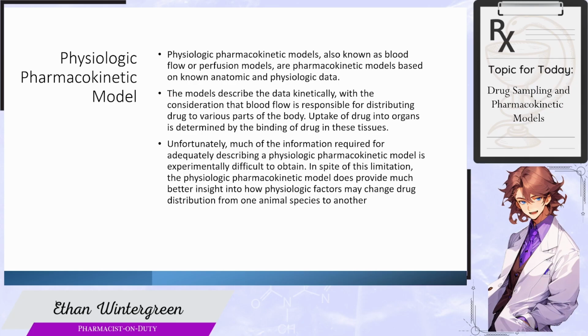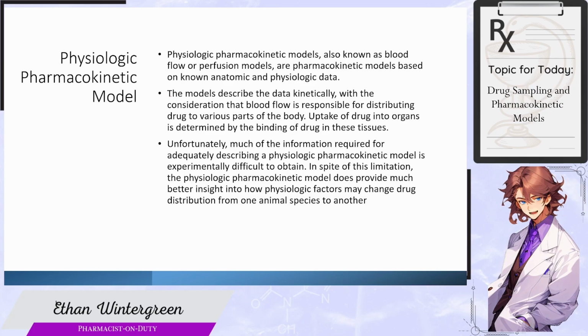And finally, we have our physiologic pharmacokinetic model. These are also called blood flow or perfusion models, pharmacokinetic models based on known anatomic and physiologic data. These models describe the data kinetically with the consideration that blood flow is responsible for distributing drug to various parts of the body. Uptake of the drug into organs is determined by the binding of drugs in the tissues.